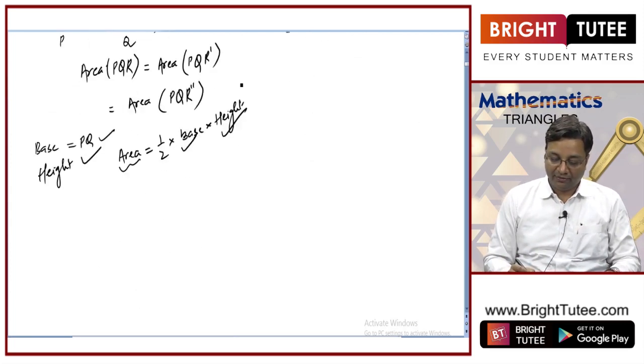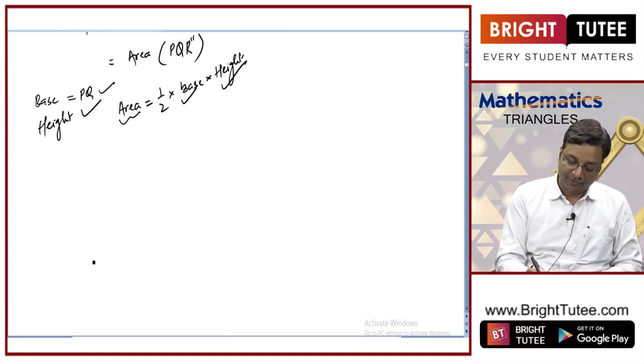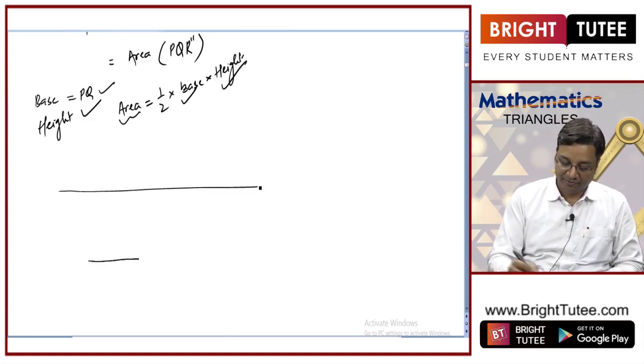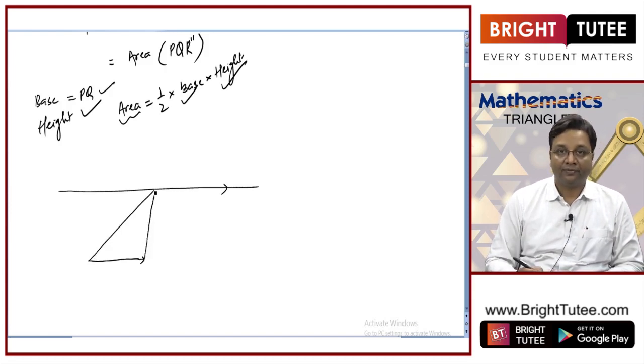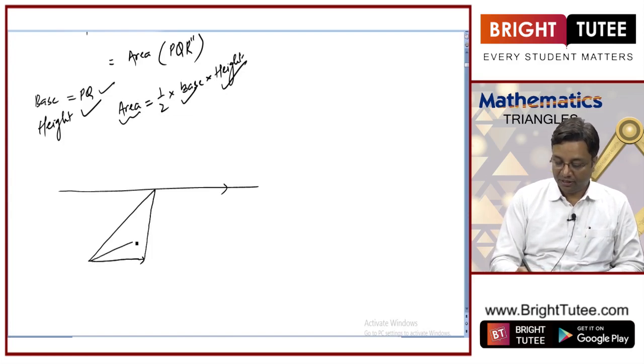And another thing that we will use here is that let us say again these two lines are parallel, right? If you have a triangle like this, okay, and if you have got another triangle like this.